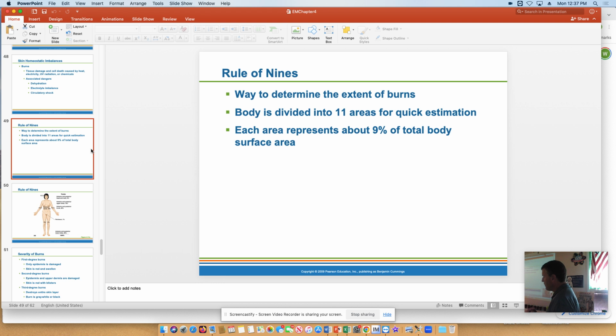Most of us, if we've had a sunburn where our skin just gets reddened, or maybe you got in the shower without checking the temperature and it's super hot and your skin turns red, that's actually a burn.